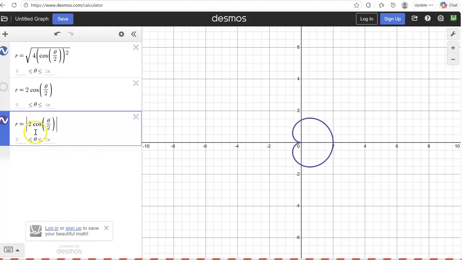But we have a problem, right? Because we can't really integrate an absolute value. So what if we were just to go from 0 to pi? If I just integrate from 0 to pi, and then I double it because of the symmetry that we have here about that axis, then we'll be able to get the same answer.